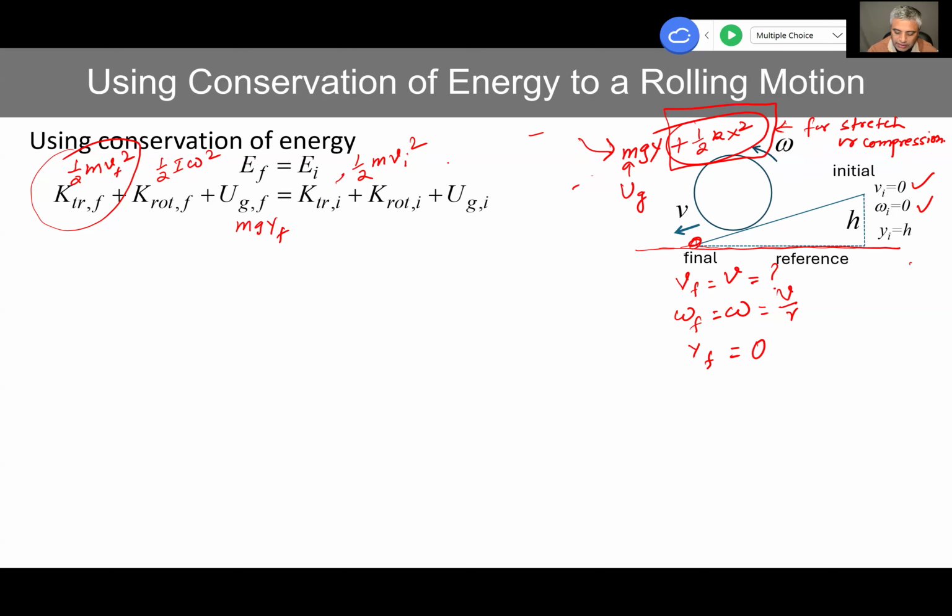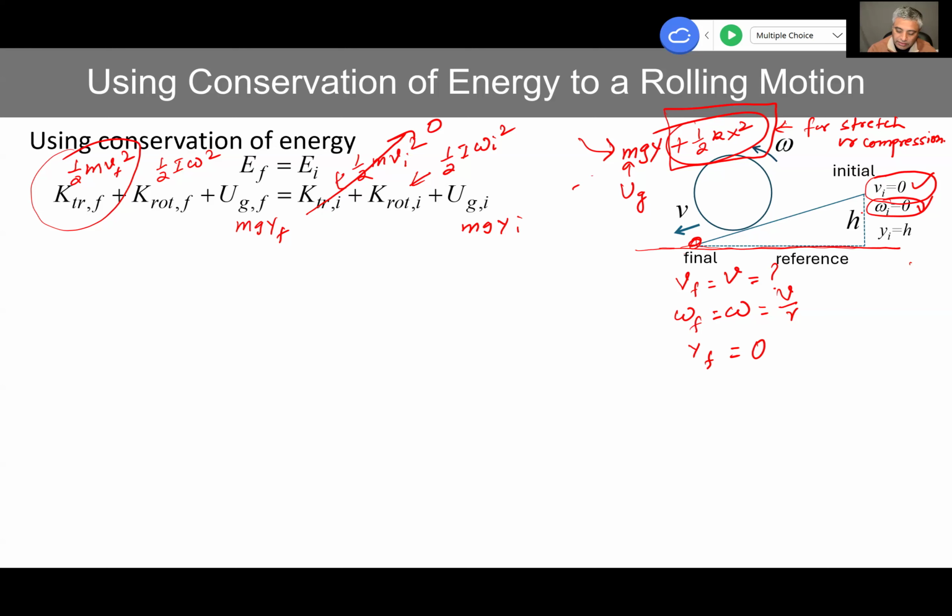And this is half I omega i squared. And this is m g y i. So those are the things here. You can write them all in detail, but here there are a lot of zeros. So v i is 0 means this term here is going to be 0.